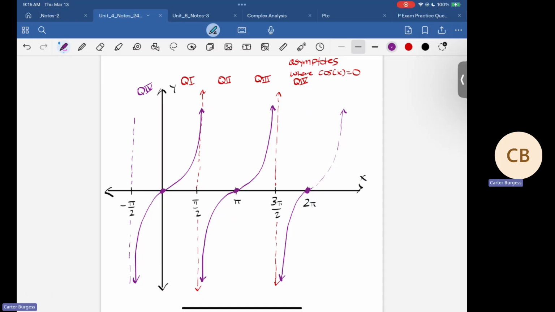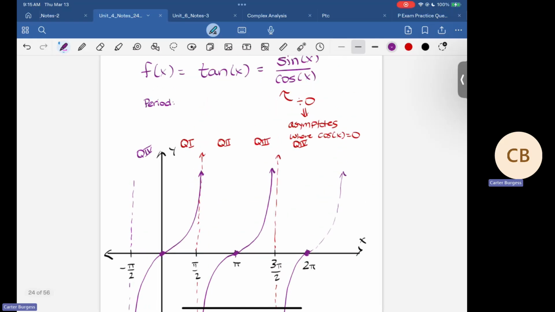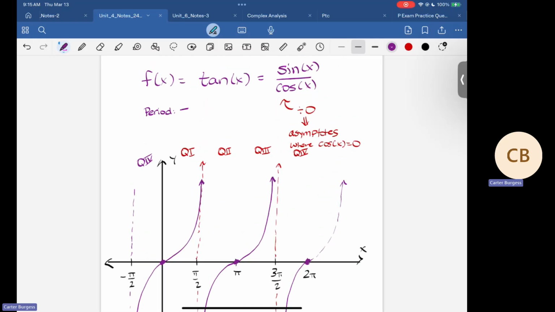It only takes me pi before I start to see the same thing, right? By the time I've gone all the way around my circle, I've seen the same set of x values, I've seen the same set of y values twice. And so rather than a full rotation being my period, tangent actually has a standard period of just pi.